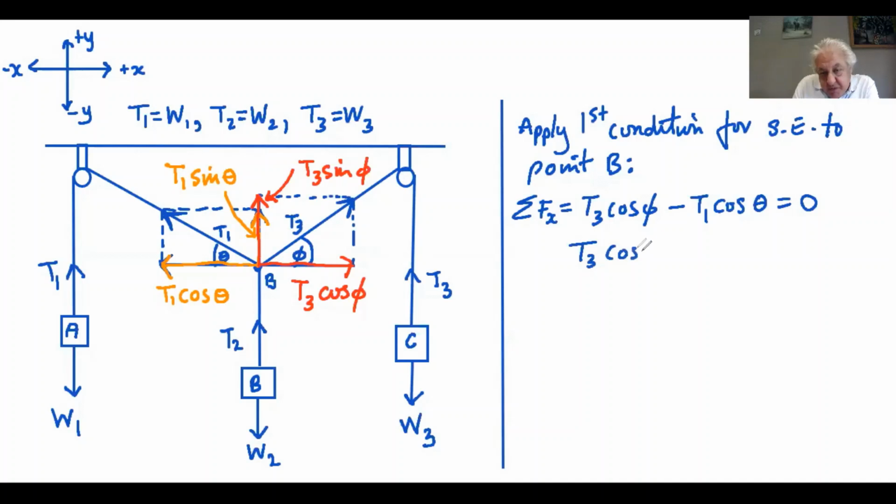In an actual problem, you'll be given data, so you'll make the appropriate things the subject and put your numbers in to get your answers. But here I'm just showing you how to apply to obtain the relationships. So we're not going to put in numbers. We'll have examples of this in the tutorial sheet. So we have T3 cos phi equals T1 cos theta.